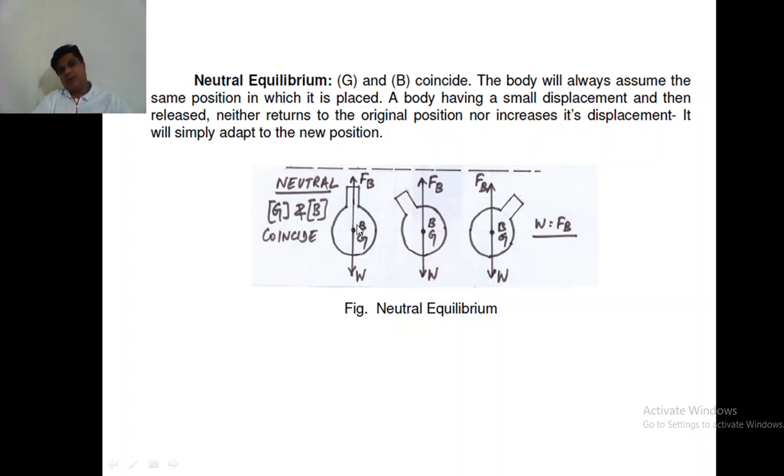Whenever you try to rotate the object, it will be in the same position here. So this is called neutral equilibrium. All these principles are used in submarines when they are submerged, because they are submerged bodies inside the liquid.